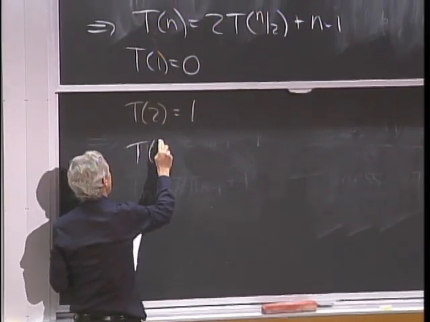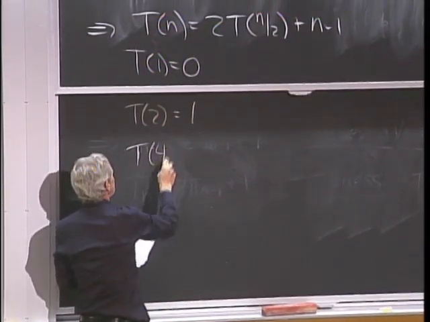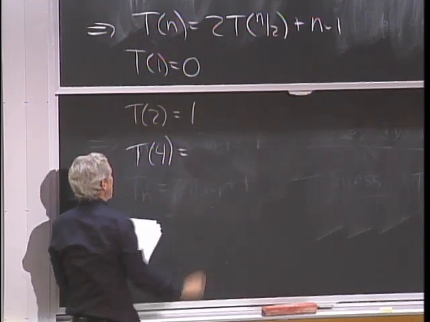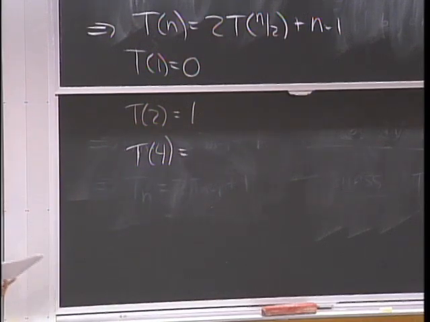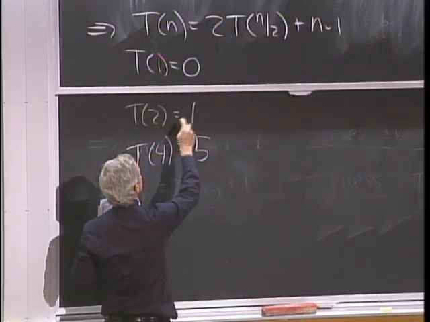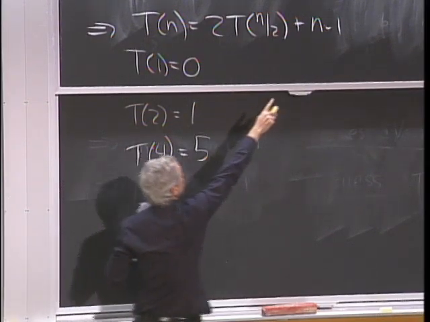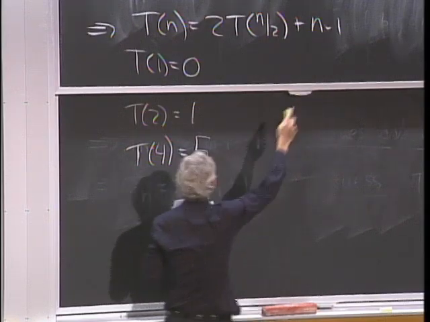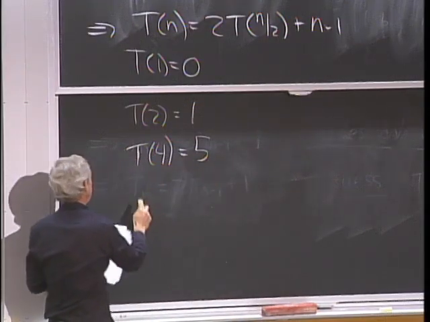What's T(4)? 5. Right, because I've got double this is 2, plus 4 minus 1. That's adding 3, so I get 5.